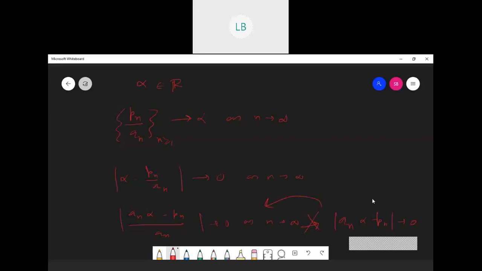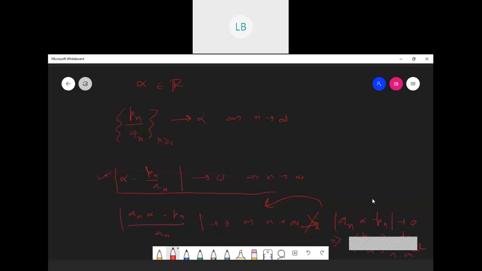So if this holds, then we call this rational sequence Pn by Qn a two-well rational approximation, RA. This is a rational approximation to alpha. If the sequence converges to it, it is a rational approximation.